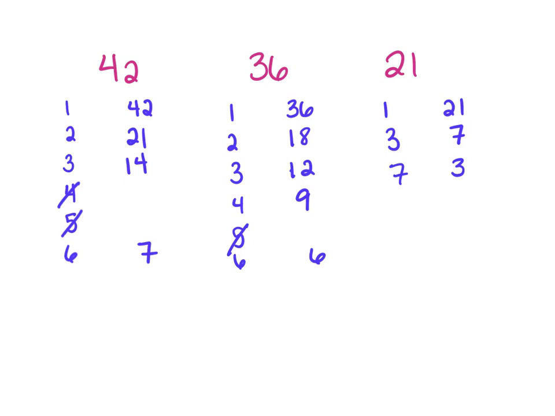And I know that this pair repeated itself, so I don't need to list it twice, and I have all of my factors of 21. And that is the way that I think is the easiest way to organize your factors and make sure that you have listed all of them.